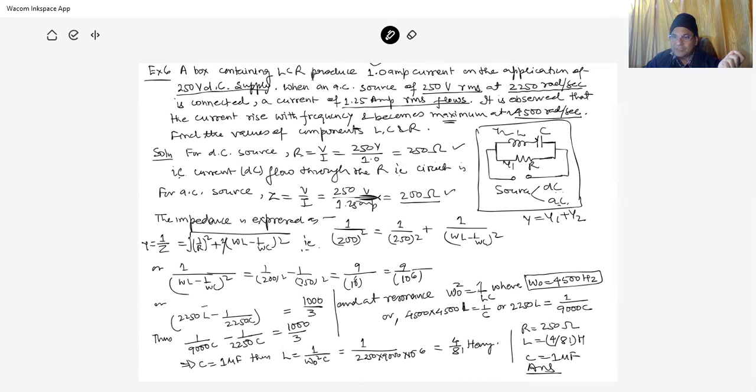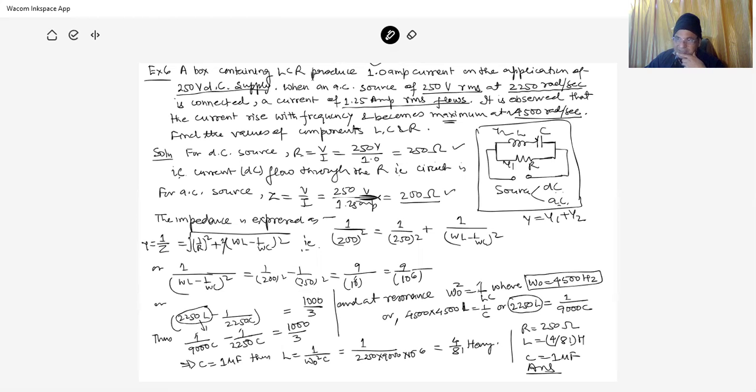So 2250 L can be expressed as 1 upon 9000 C. So the value of 2250 L, which is 1 upon 9000 C, minus 1 upon 2250 C is equal to 1000 by 3.